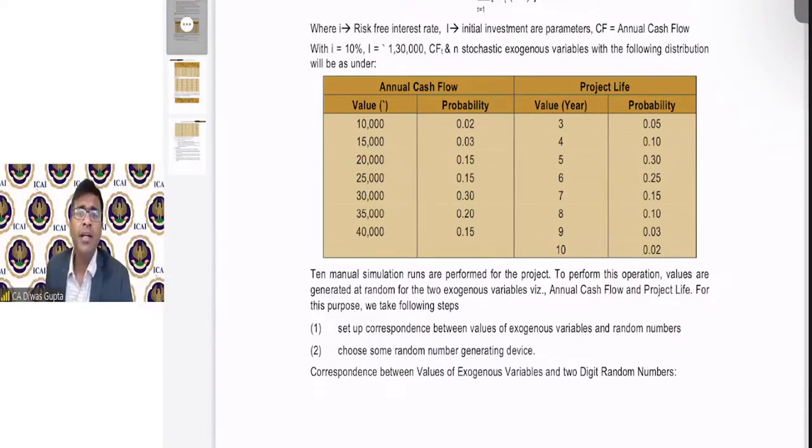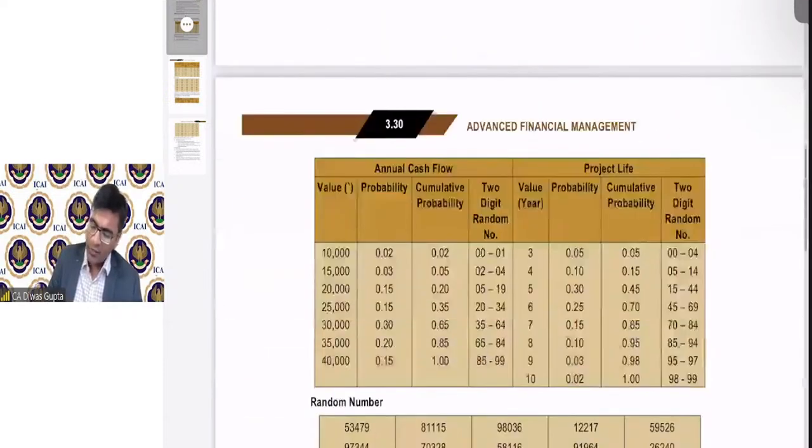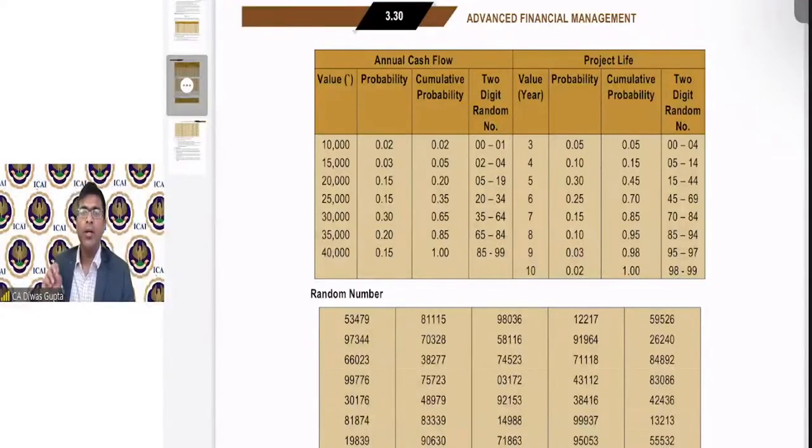And the risk-free rate and initial investment are parameters for us, because we feel that they remain the same. Right. So first of all, we have tried to capture the range for these different values, and that range is coming from the probability. Correct. Similarly for project life also.